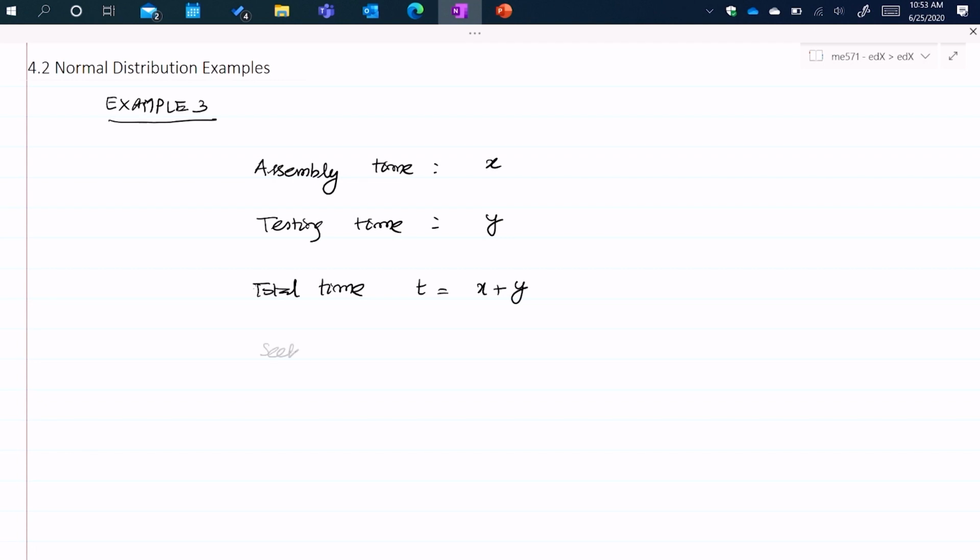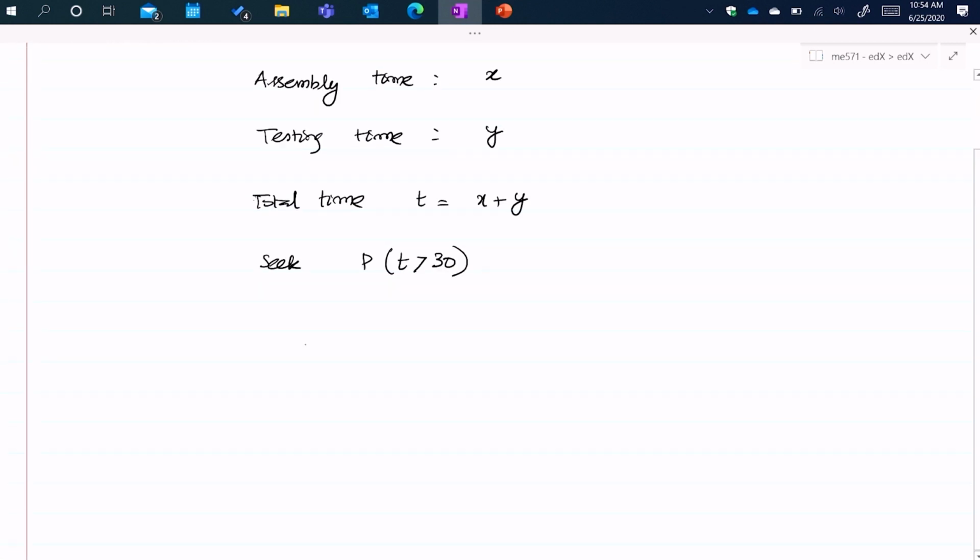So what we seek is the probability that t would exceed 30 minutes. First, we need to find the mean value of t. So t bar is x bar plus y bar, which is 12 minutes for assembly plus 10 minutes for testing, which is 22 minutes.